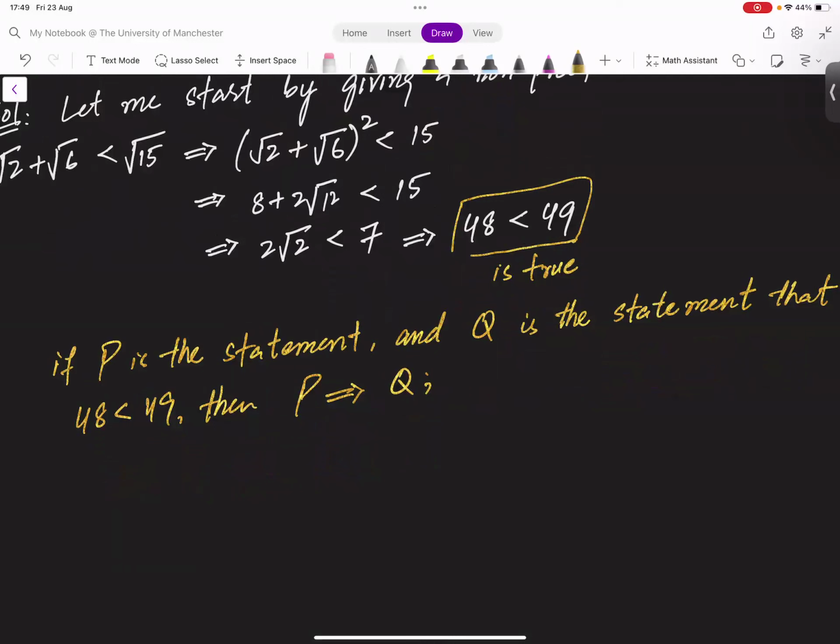A tweak to the above false proof gives a correct proof by contradiction.